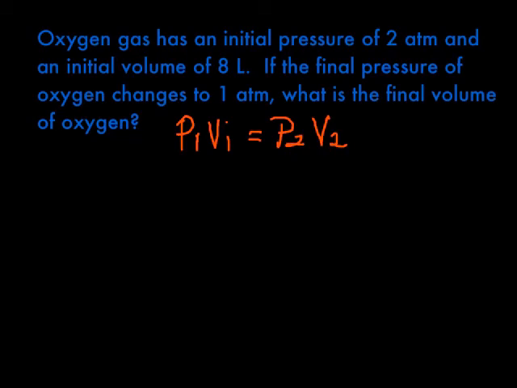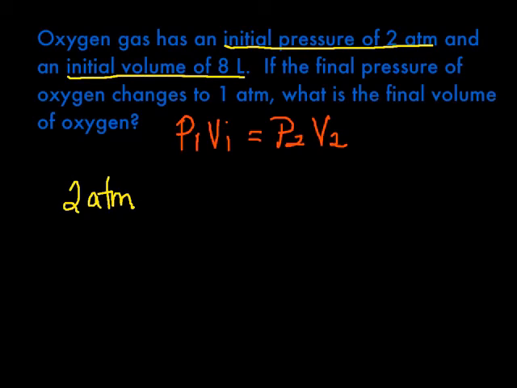Now it states here that our initial pressure is 2 atmospheres, so P1 is going to be 2 atmospheres. And we're going to multiply that by our initial volume, which is 8 liters. That is going to equal our final pressure, which happens to be 1 atmosphere.